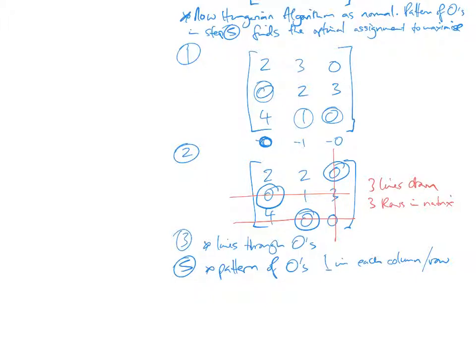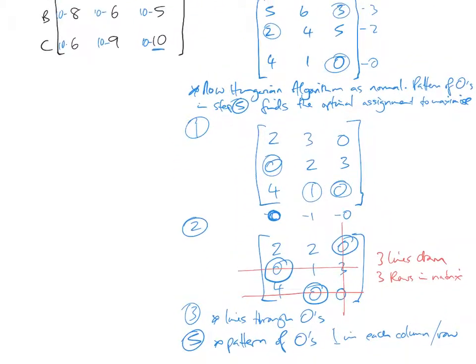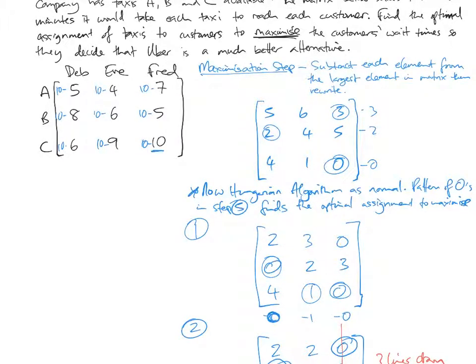So I've got my pattern of zeros, and this time, because I did the maximization step, it's the maximize result. So in a different color, it'll be 8, 9, 7.